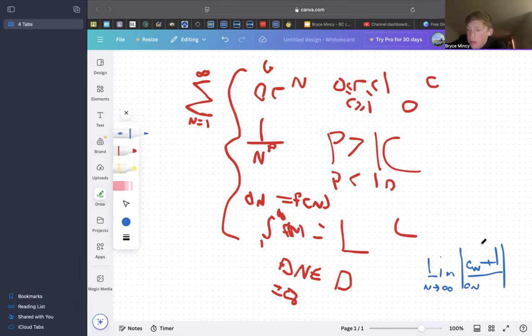And then this ratio, if it is less than 1, you're going to converge, greater than 1, diverge. This is what I was talking about earlier, how with the P series, if it's greater than 1, it converges. And then for the ratio test, it kind of switches.